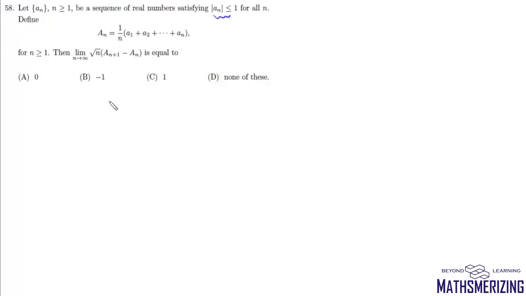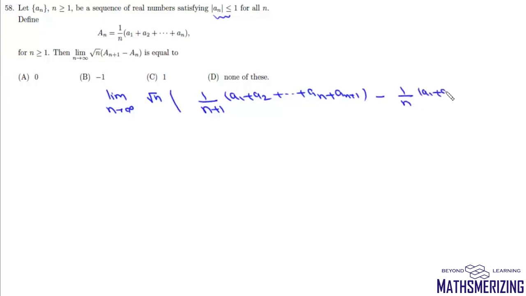Now we look at this limit. We can write this as limit n tends to infinity, under root n. Now what is A_(n+1)? It is nothing but 1 upon (n+1) times (a1 plus a2 plus ... plus a_(n+1)) minus 1 upon n times (a1 plus a2 plus ... plus a_n). Now we'll take LCM.